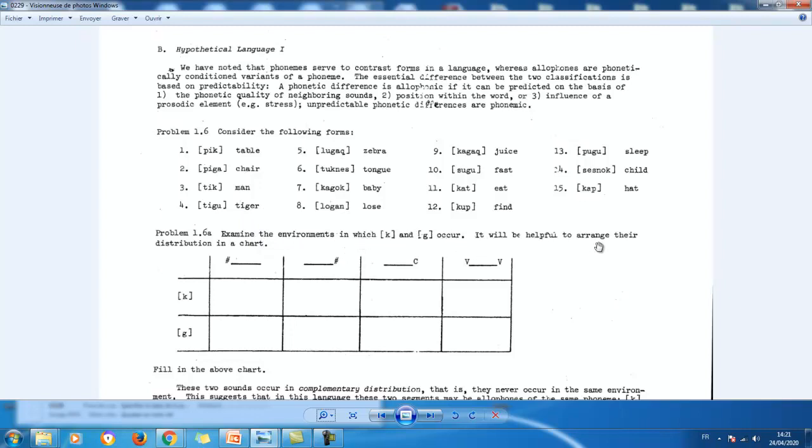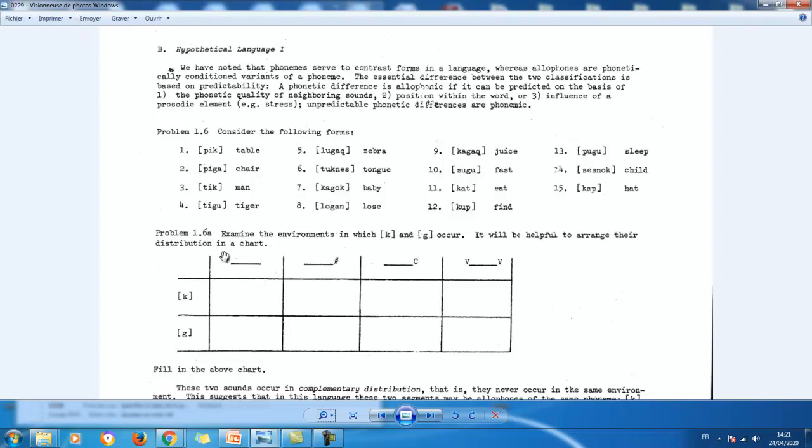It will be helpful to arrange their distribution in a chart. The same thing that we did for p and t and k and even l, we are going to repeat it with these two sounds according to these words. Where do we find k? Where do we find g? So we are going to determine the distribution of these two sounds in this language.